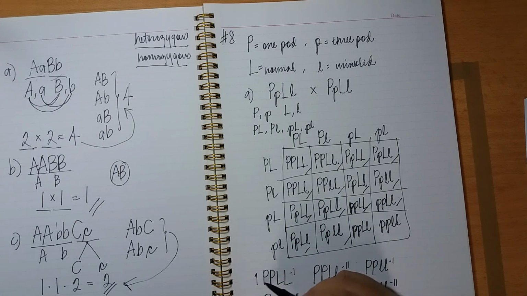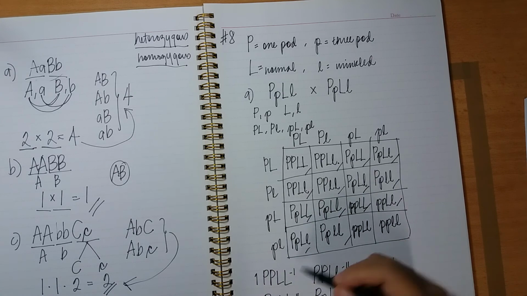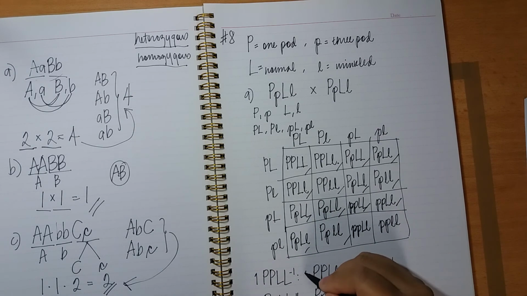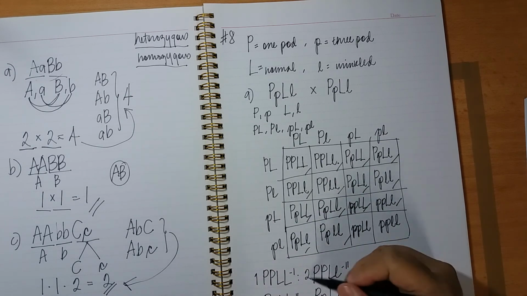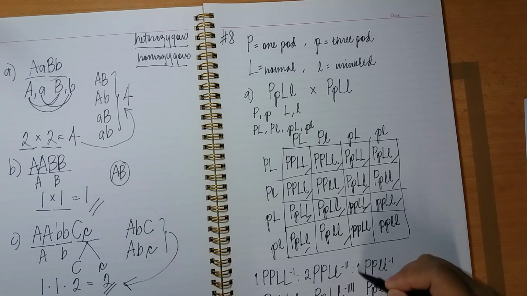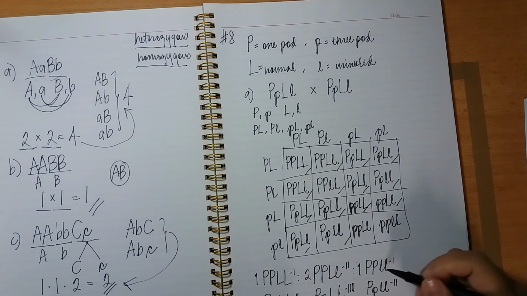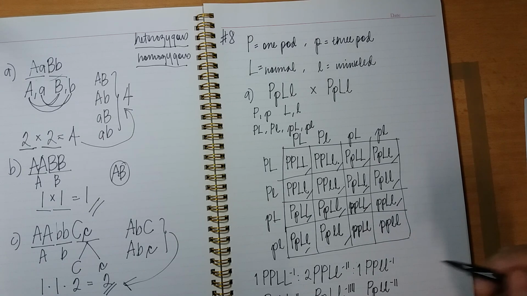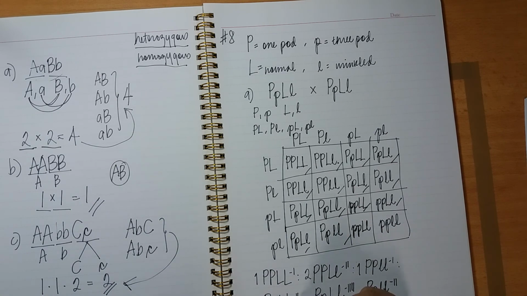1. Homozygous dominant for both is 1. Dominant, homozygous for P, homozygous dominant for L is 2. Homozygous dominant for P, heterozygous for L is 1. Homozygous dominant for P and homozygous recessive for L is 2. Heterozygous for P, homozygous dominant for L is 4. Heterozygous for both pairs is 2.